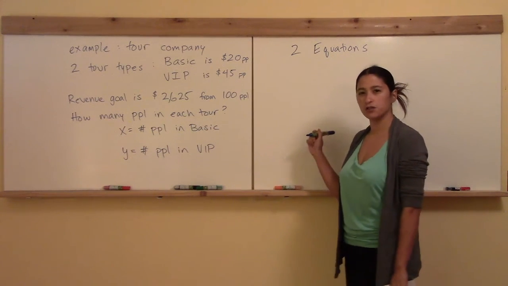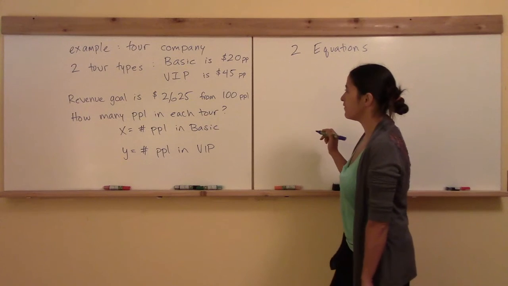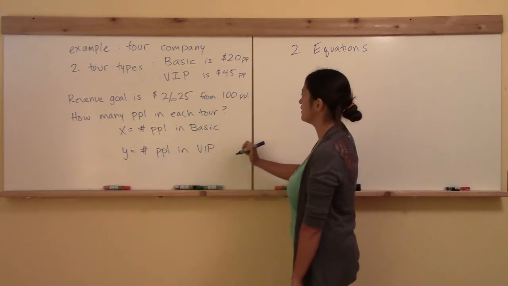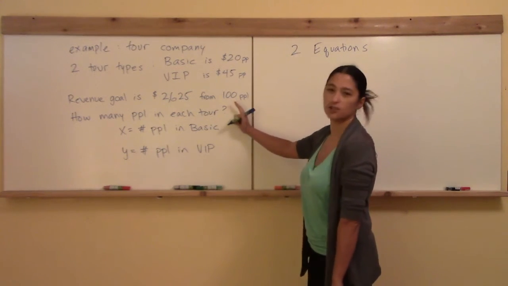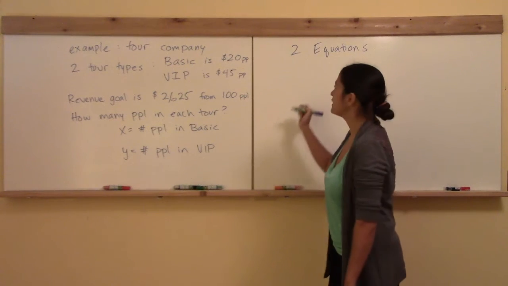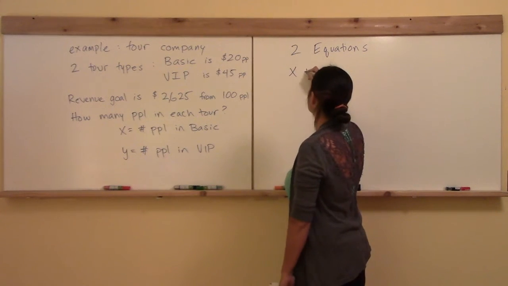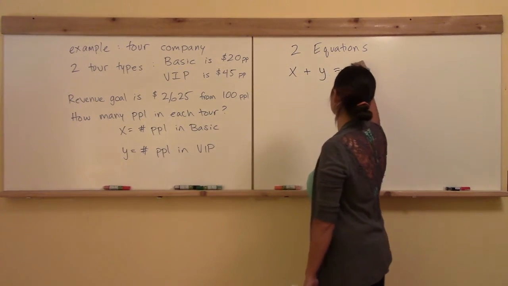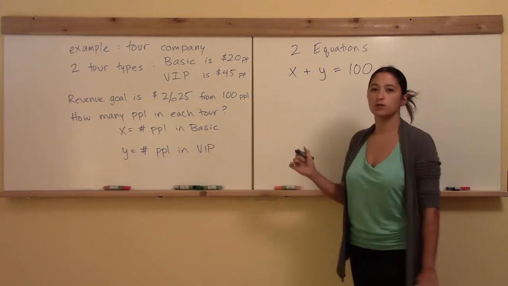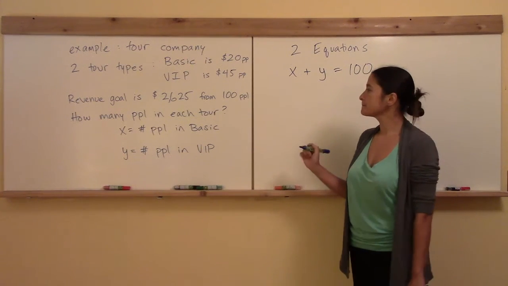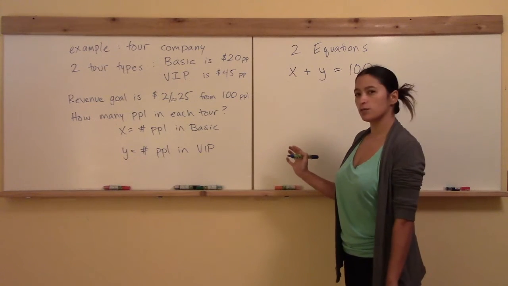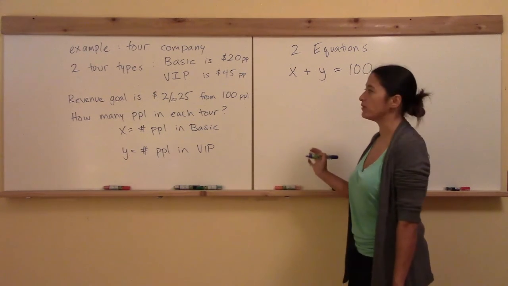Okay, both of those equations are going to involve the x and y here. The first statement is there's 100 people altogether. That's what my staffing can afford. So the number of basic and the number of VIP people altogether will yield me 100 people. The other one, a little more complex, is going to involve my revenue goal.